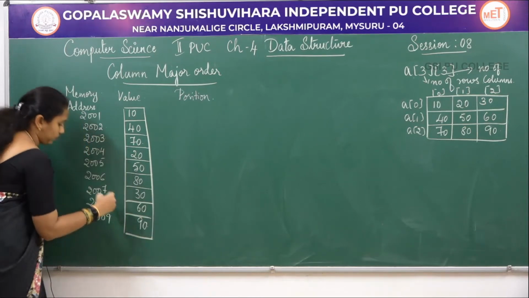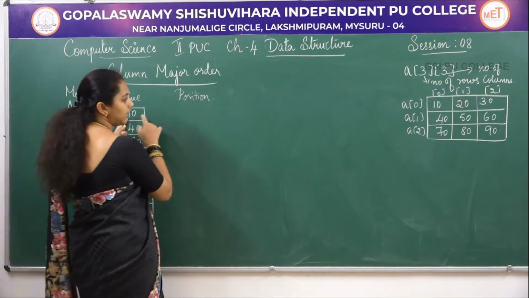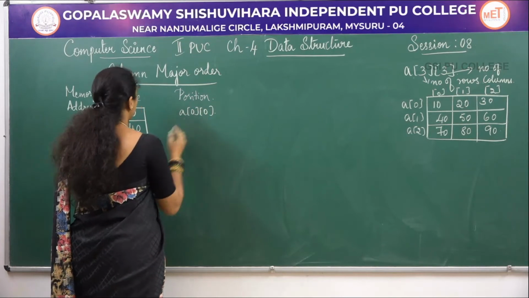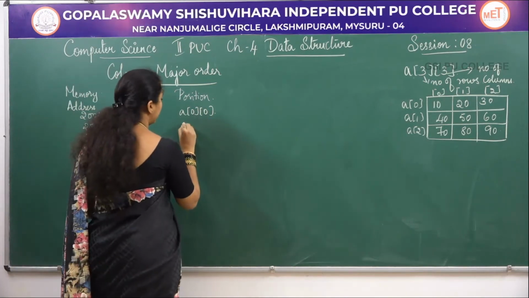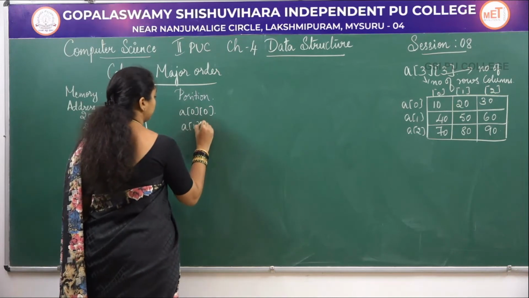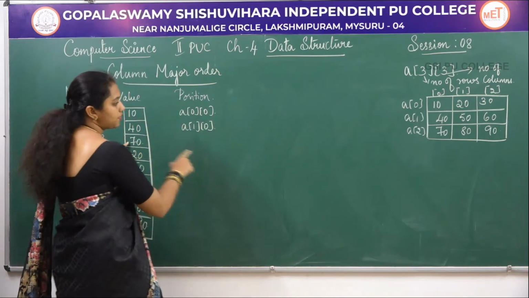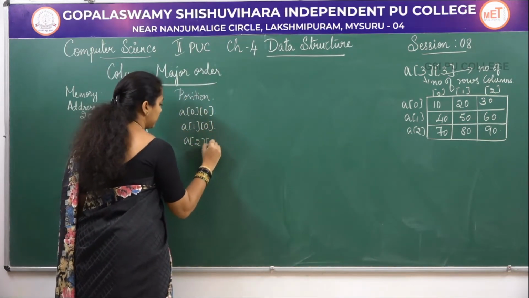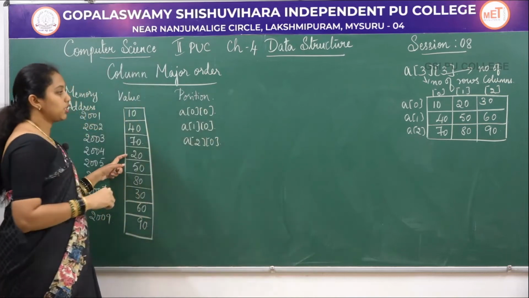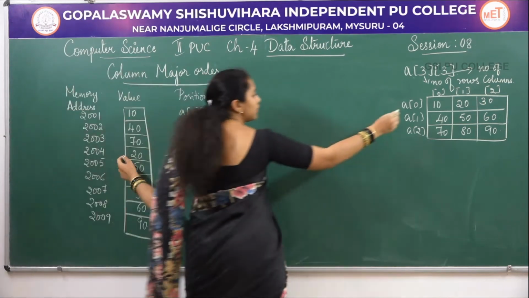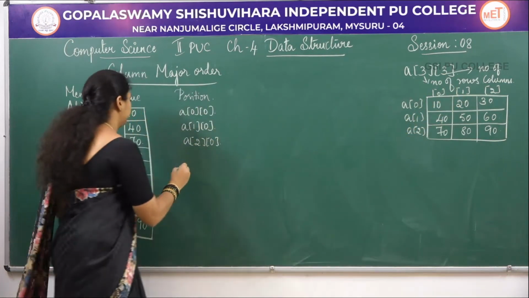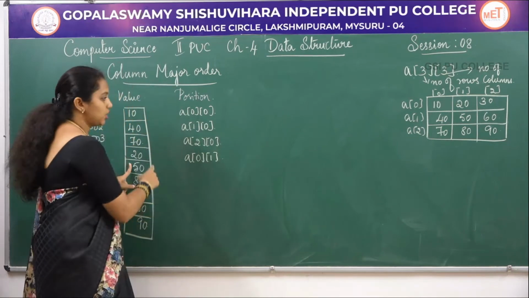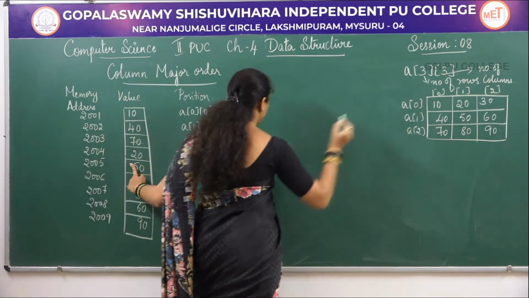So the position of 10 is A of 0, 0. The position of 40 is A of 1, 0. The position of 70 is A of 2, 0. The position of 20 is A of 0, 1. The position of 50 is A of 1, 1.